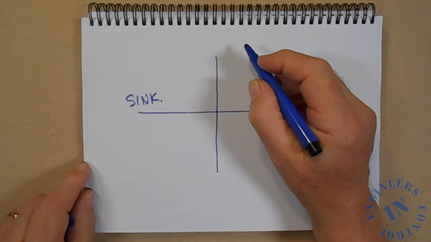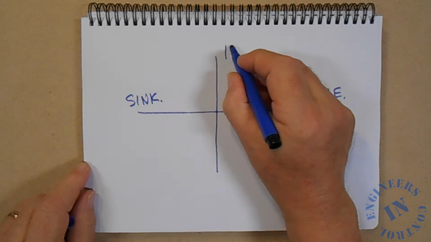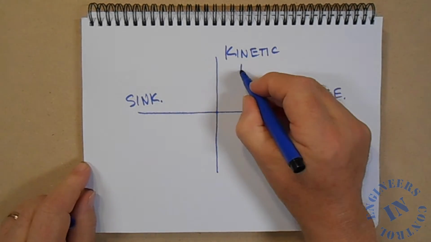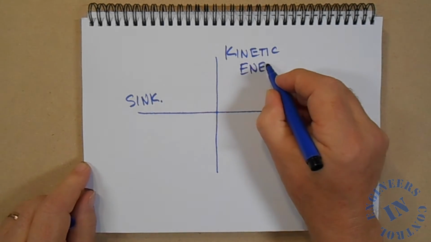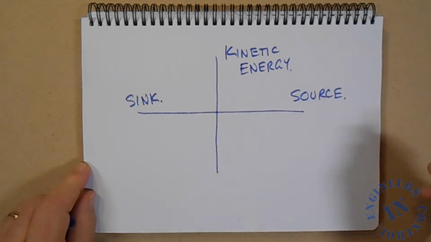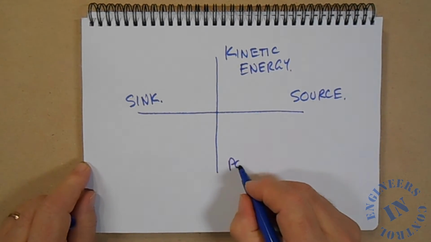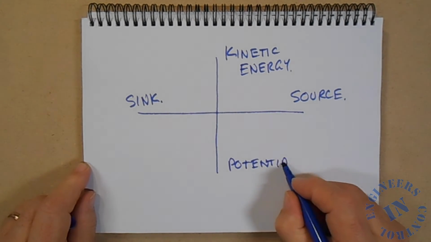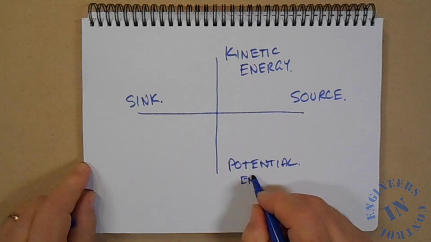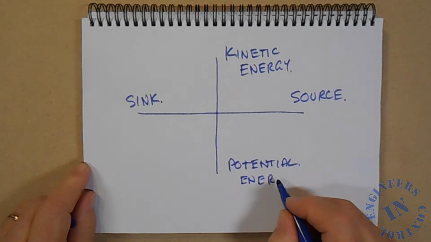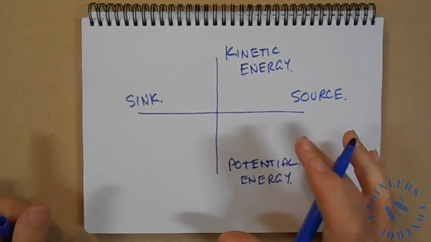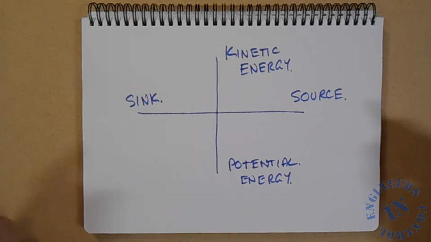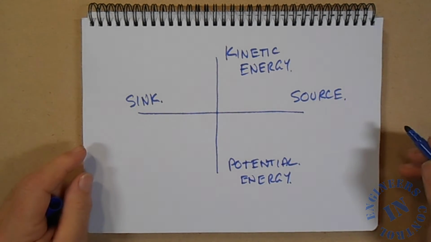We also have kinetic energy, and I draw it there. And we have potential energy. And that's it. All types of energy in all dynamic systems, this is the sum total of how it works.